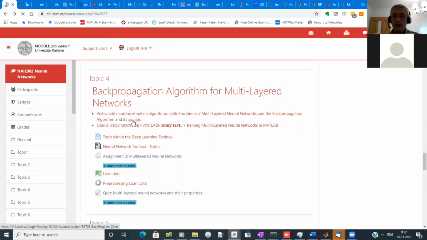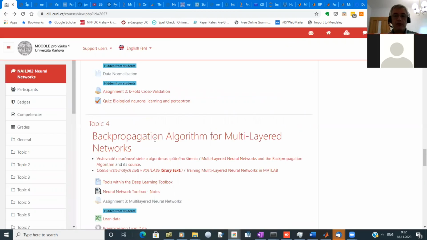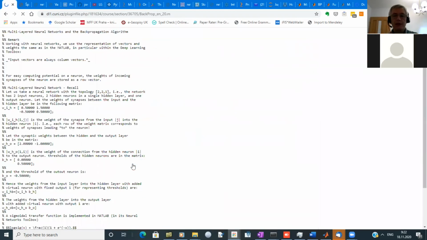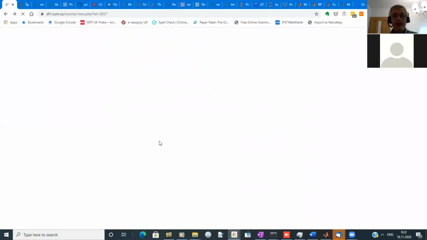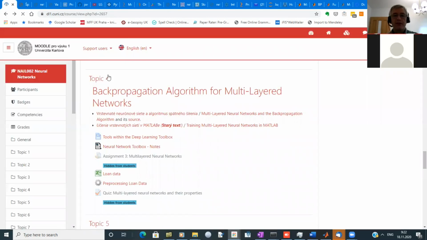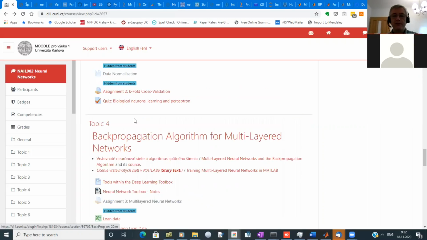And I would like you to do that now, to open the source code in Matlab. So once again, topic 4, the first item, and at the end there is a link to the source. So I will open the file.